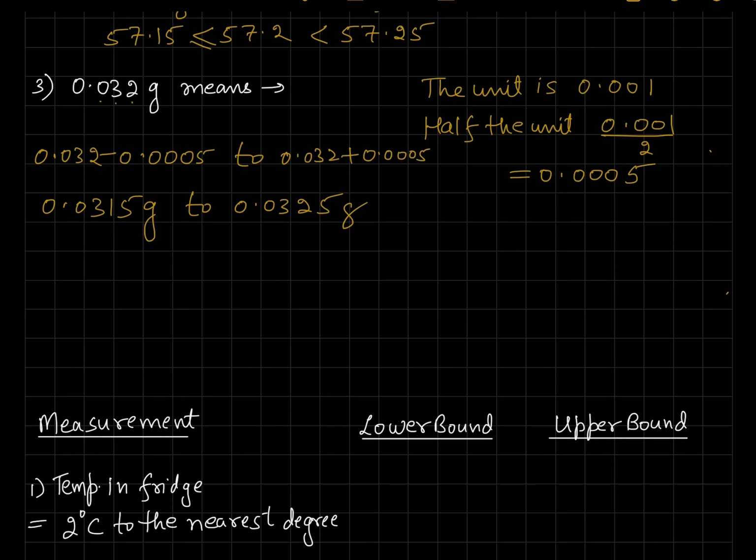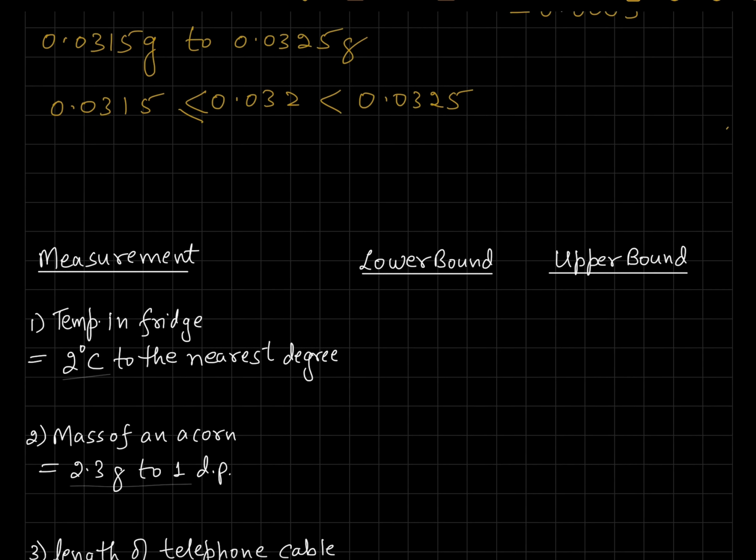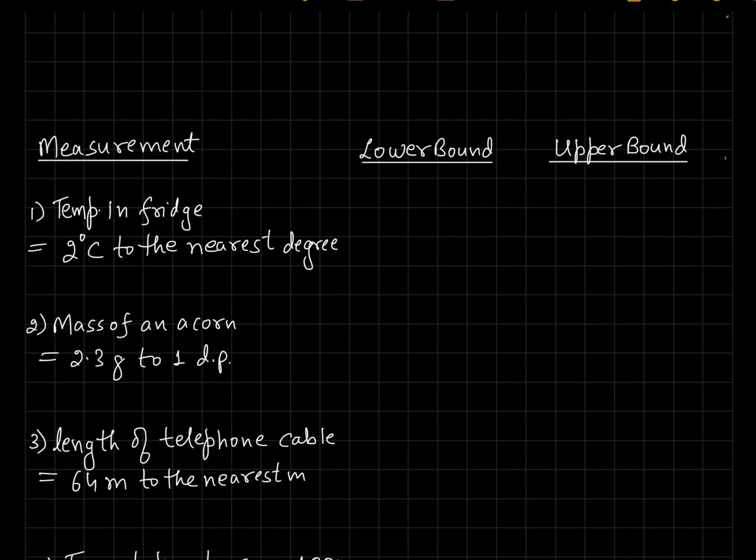So we can write it like this: 0.032 grams is greater than or equal to 0.0315 and less than 0.0325. Okay, got it? Now let us do a few questions.